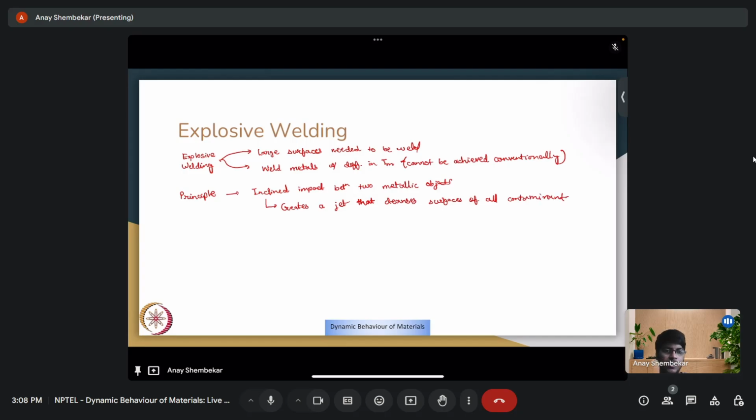Because of the impact, a jet of the material will be created. It will start flowing and it will remove any contaminants that are sticking on the surface and forces the objects into direct contact.